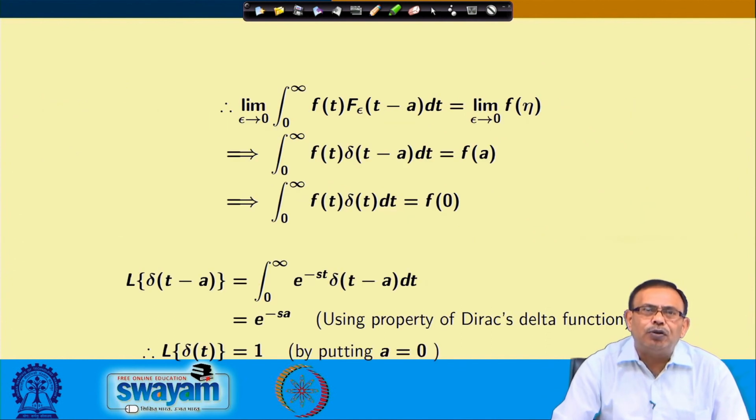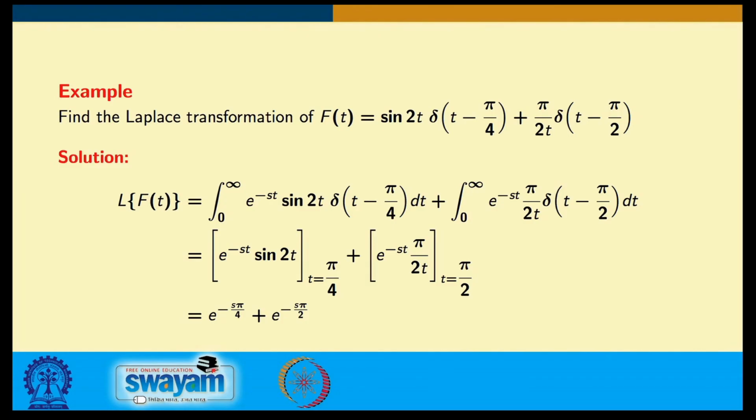Before this, I knew that the Laplace transform of delta(t minus a) is e^(-sa), and I am just using that formula in this example. I am writing the integral from 0 to infinity of e^(-st) into sin 2t, which at t equals pi by 4 is e^(-st) sin 2t, plus this, and I will obtain this.